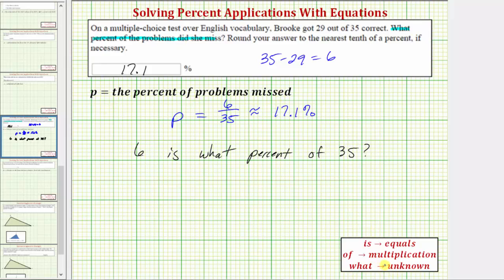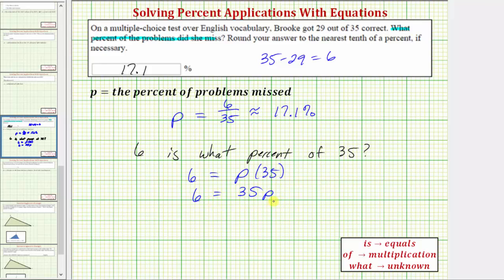So to write the percent equation, we have 6 is, so the equation begins with 6 equals, and then we have what or what percent, which represents the unknown, so we'd have p, and then of 35 means times 35, so we can also write this equation as 6 equals 35p.